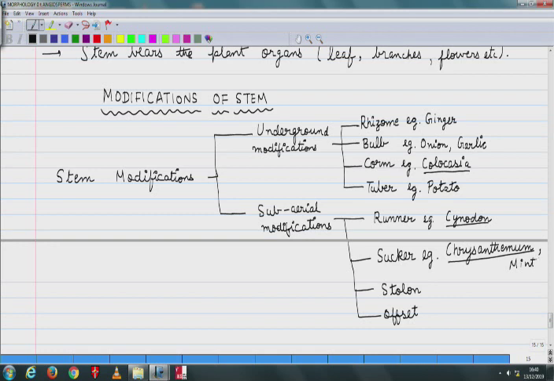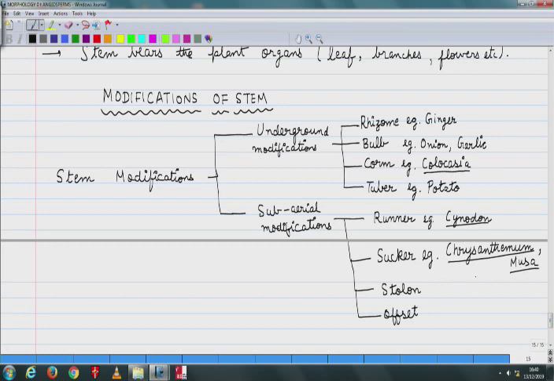Another example will be banana. Just write the botanical name of banana. It is Musa paradisiaca. Just write Musa.